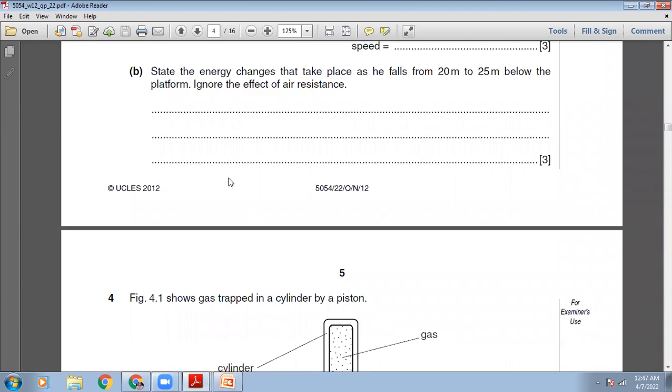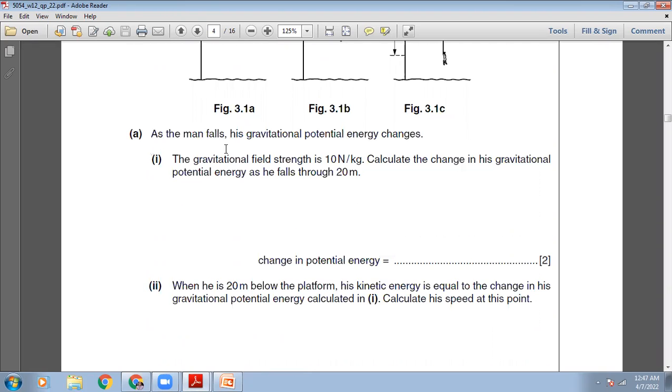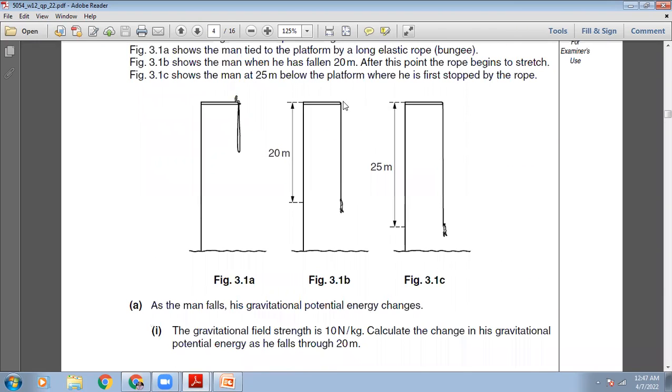State the energy changes that take place when he falls from 20 meter to 25 meter below the platform. Ignore the effect of the air resistance. Okay. So here the bungee has completely opened, and after 20 meter fall, the bungee starts to stretch.